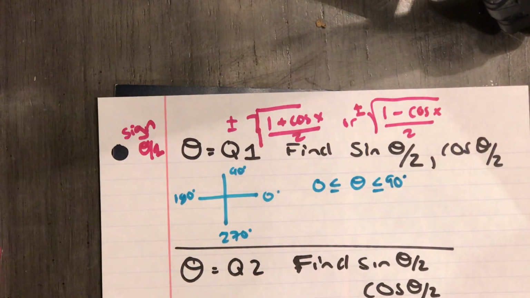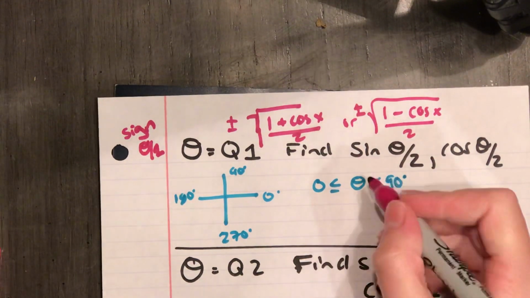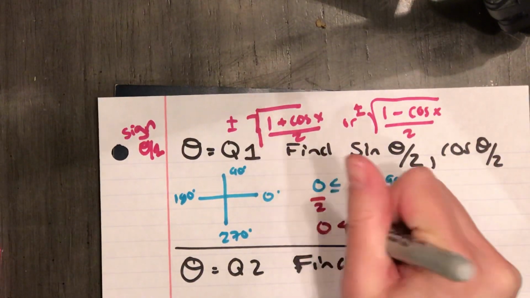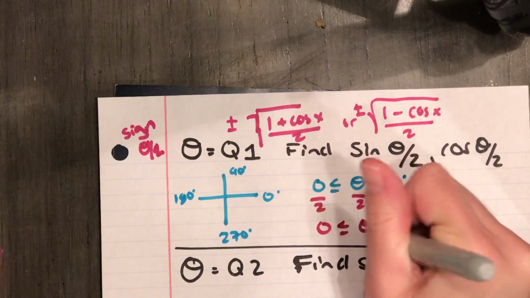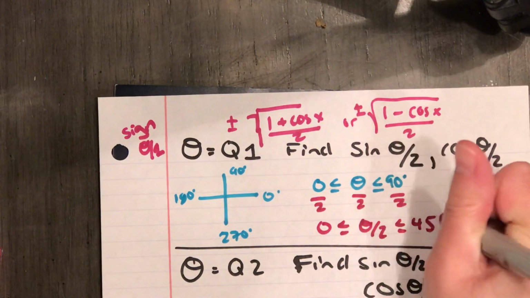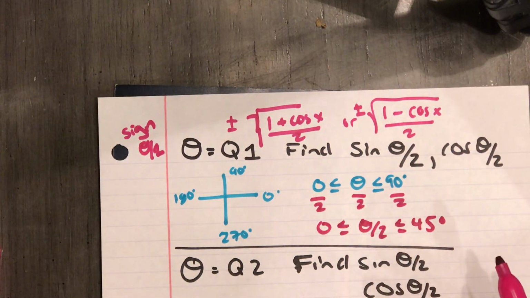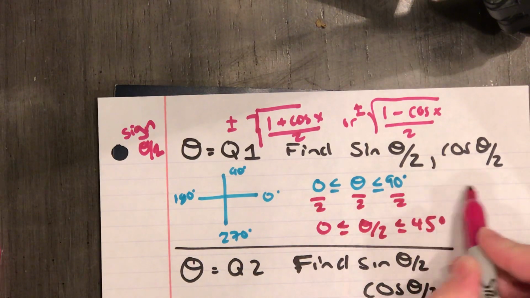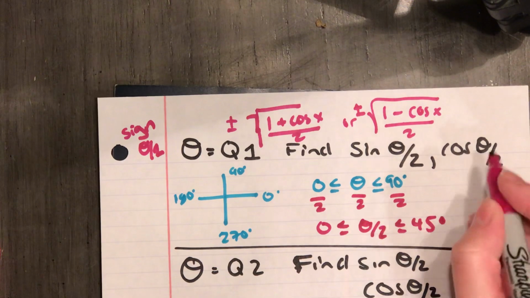Theta over 2, we can divide everything by 2, so we end up with 0 and 45 degrees. That's still in quadrant 1, and both sine and cosine are positive in quadrant 1. So the sign on the outside of my radical is going to be positive.